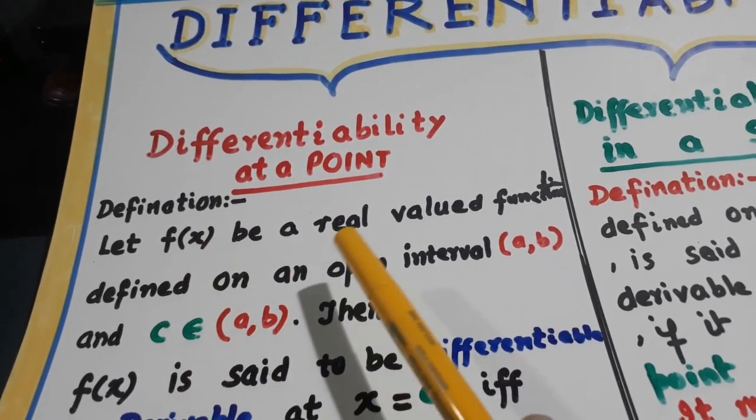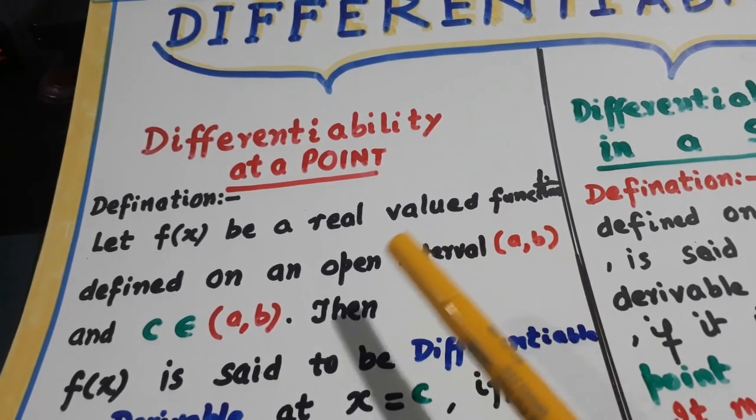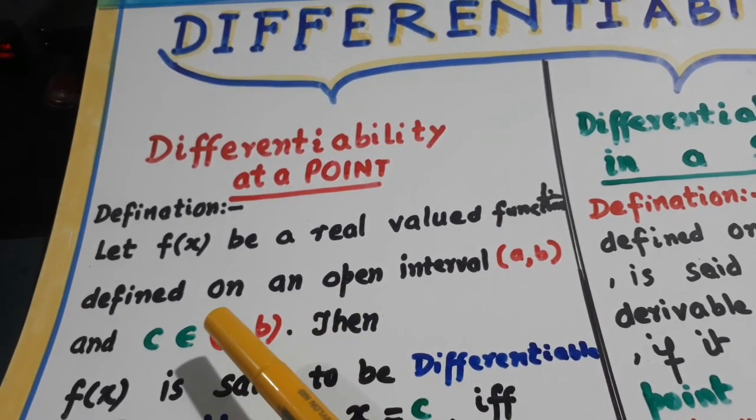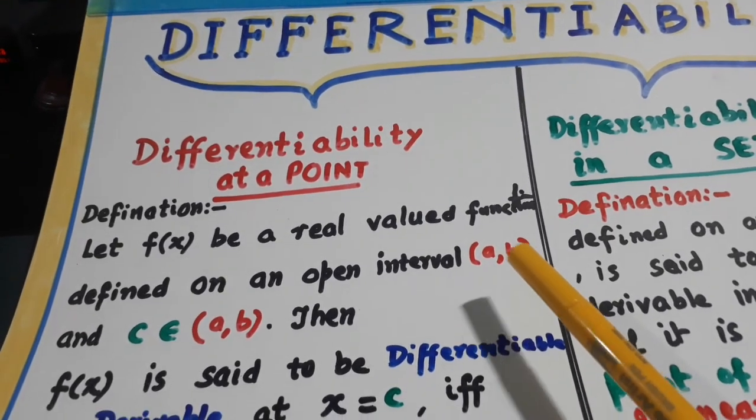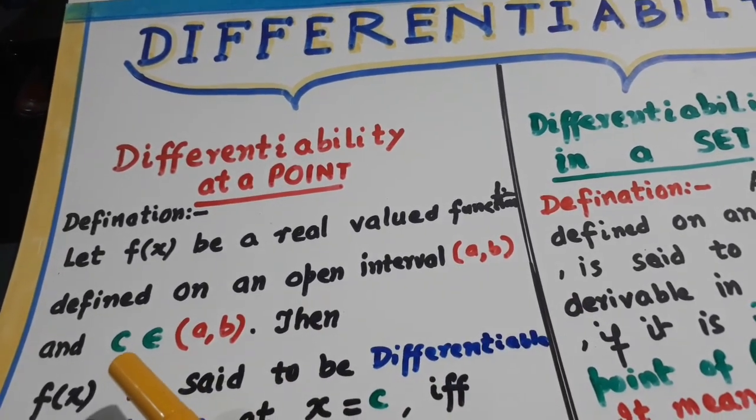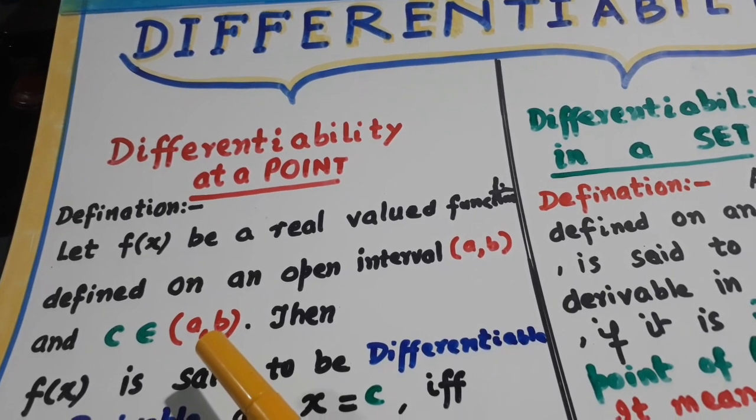Let f(x) be a real valued function defined on an open interval (a, b) such that c belongs to (a, b).